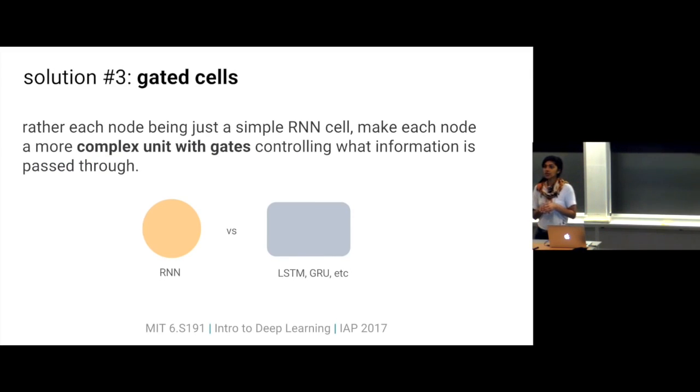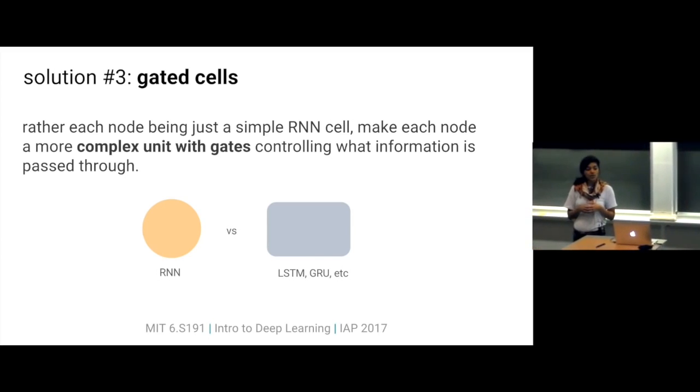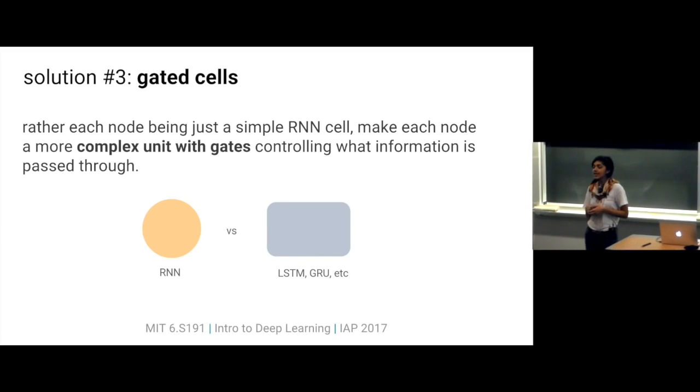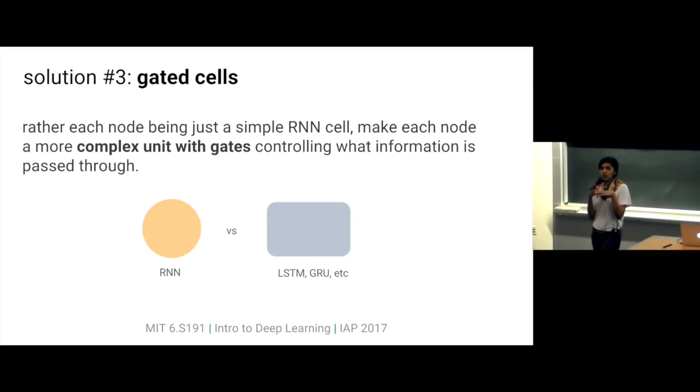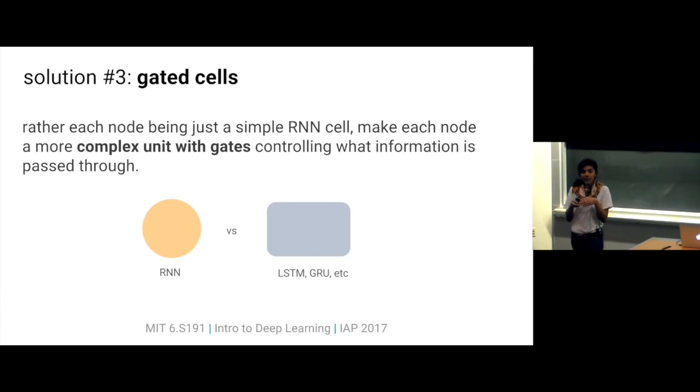The final solution is a little more involved. It's called using a gated cell. So all this means is that instead of having that normal recurrent unit, the simple one that I explained earlier, we just replace each recurrent unit with something a little more complex called a gated unit.